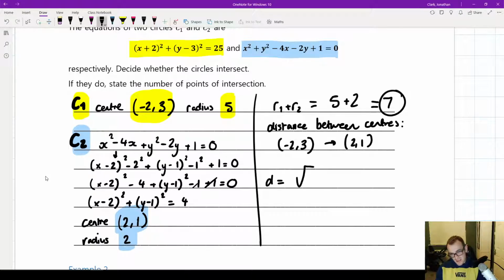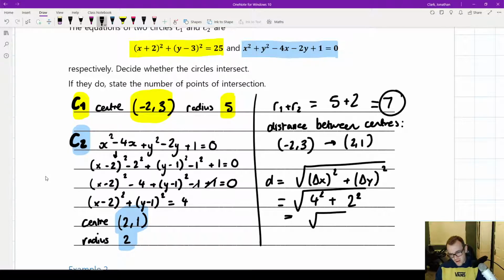The change in x, I've gone from -2 to 2. That's a change of 4. And the y values, I've gone from 3 to 1. That's a change of 2. 16 plus 4 is 20. And root 20 is around about 4.5. I'll check that on the calculator in just a moment.